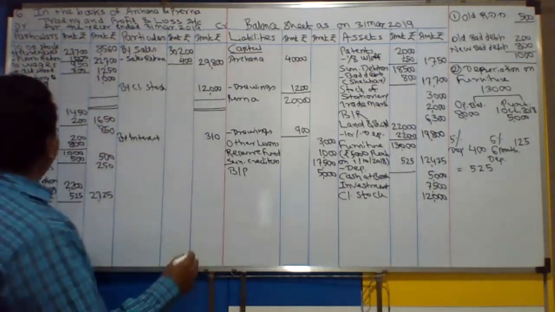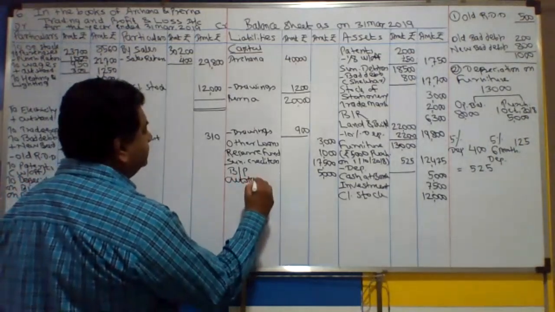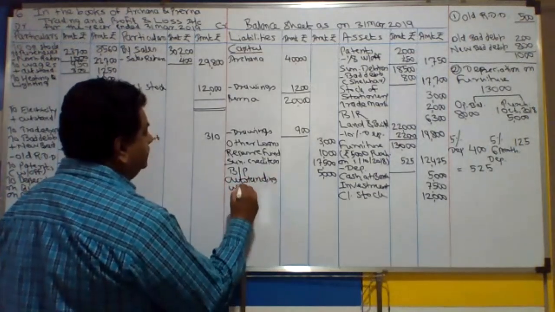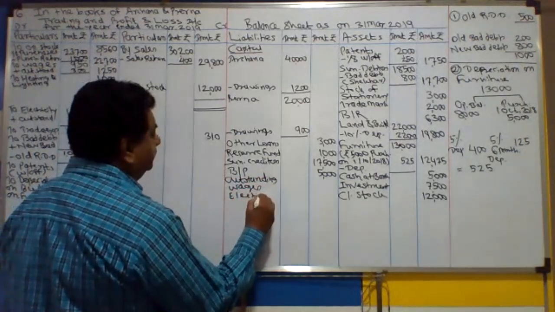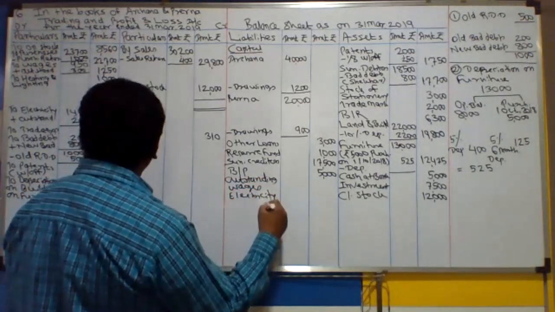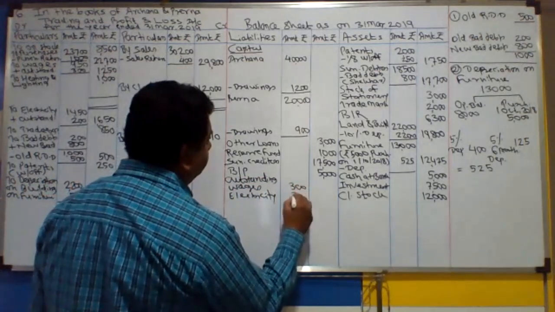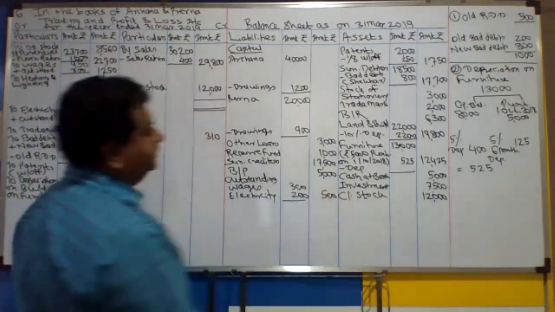So add in wages, add in electricity, and on the balance sheet liabilities side, outstanding wages and electricity, 300 and 200. Total 500.